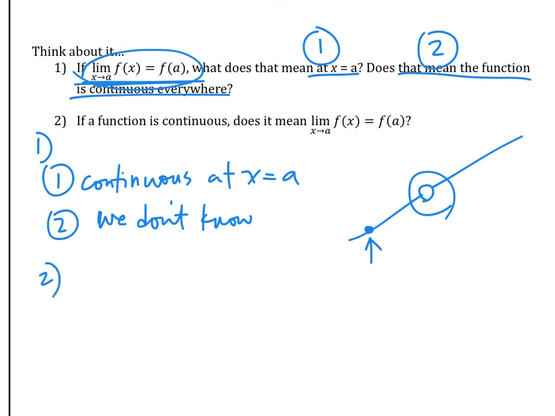Number 2, if a function is continuous, does it mean this? So the question backwards. The first question was, if I give you this limit statement, does that mean at x equals a it's continuous, or that the function is continuous? Now ask backwards.